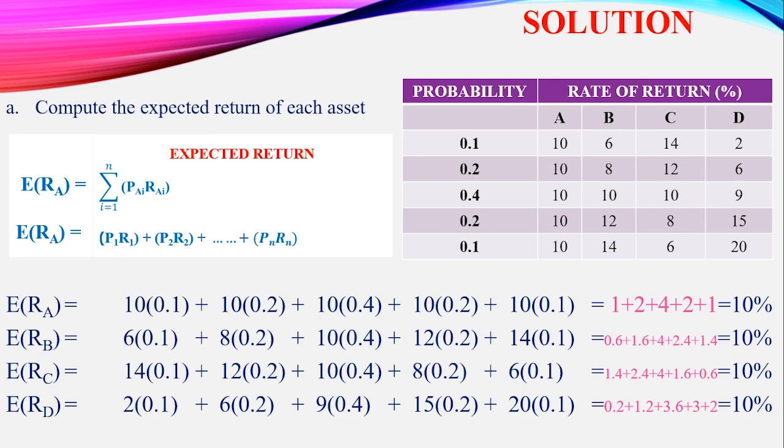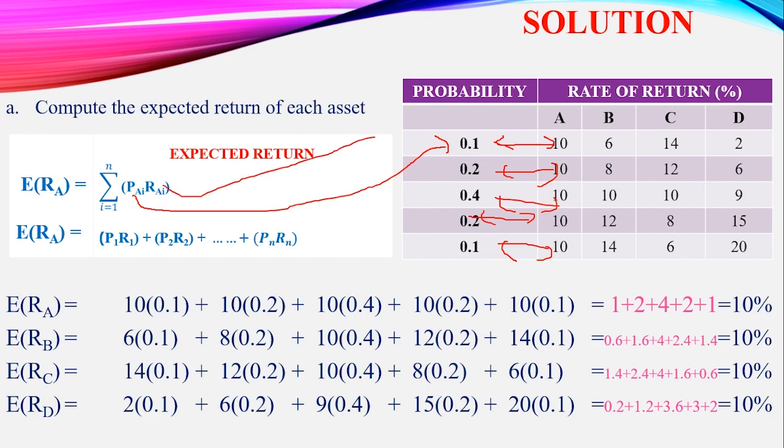For example, for A, at the first state, we have PAI as what? 0.1. RAI as what? 10. Therefore, we multiply 10 by 0.1.